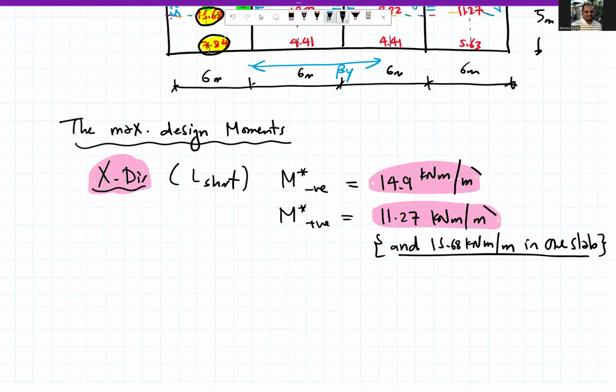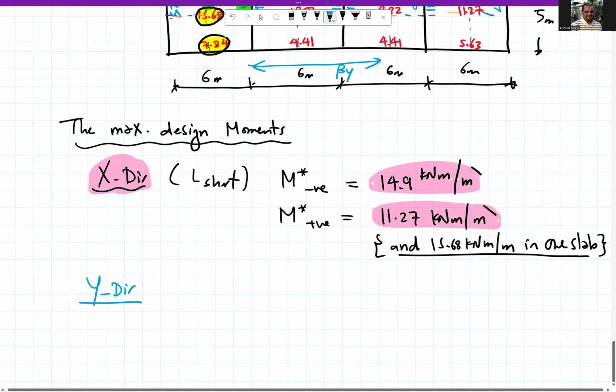For the long direction, or Y direction, we also have M asterisk negative and M asterisk positive.